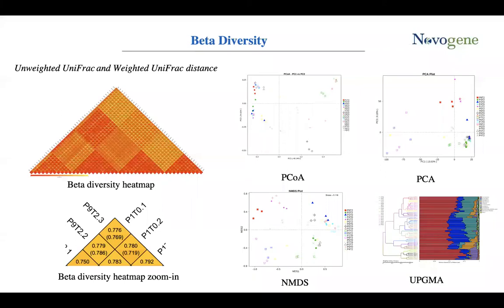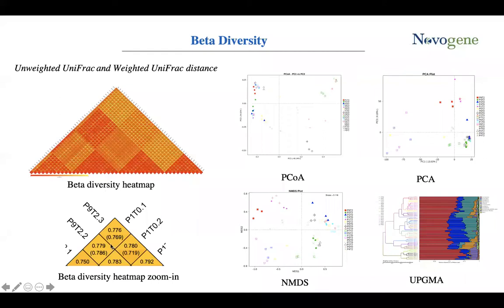So weighted UniFrac distance and unweighted UniFrac distance were selected to measure the dissimilarity coefficient between pairwise samples, which is a widely used phylogenetic measurement method in microbial community sequencing projects. And the heat map based on the weighted UniFrac and unweighted UniFrac distance is plotted here.